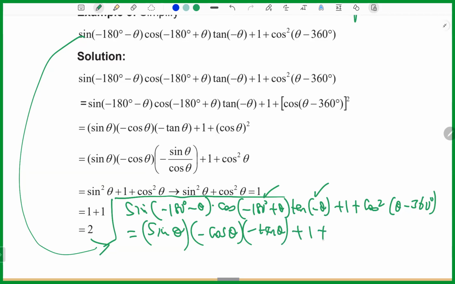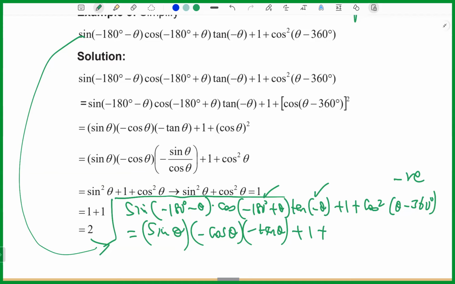Plus 1 plus cosine squared of theta minus 360 degrees. Theta minus 360 degrees is a negative angle, so which quadrant is that in?